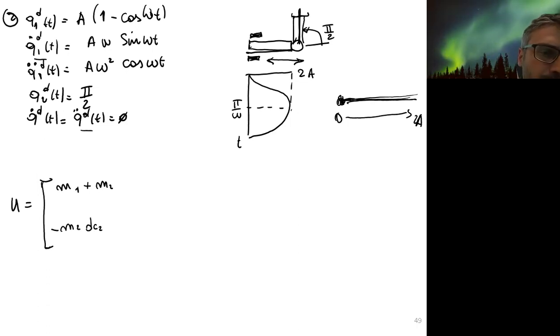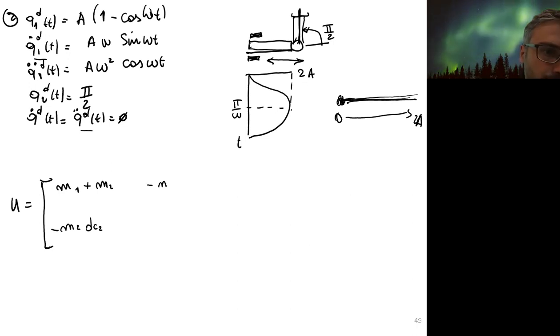Sine of Q2, how much is that? Sine of Q2 is sine of pi half, which is 1. So we can replace.